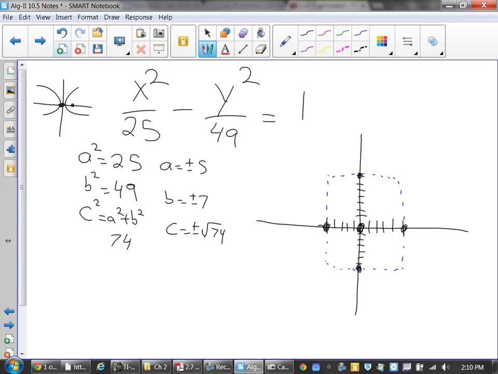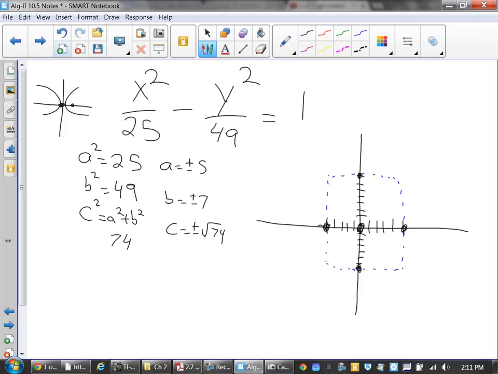Make a dotted rectangle around the outer edges of those points. This rectangle allows you to get diagonals. Your diagonals within a hyperbola graph are what they call slant asymptotes.